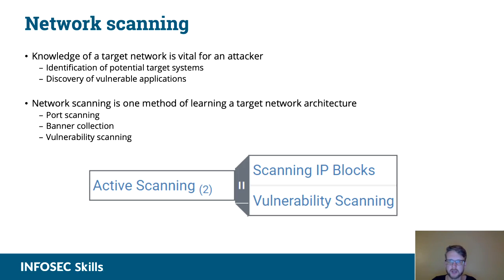Scanning IP blocks talks about looking at sections of the network and determining whether the IPs in that range are active, and if so, what type of computers are running on them, what services are running, etc. The other type of active scanning you might be performing for reconnaissance is vulnerability scanning, looking for weaknesses in systems listening on various ports to see whether or not any of those weaknesses may be exploitable.